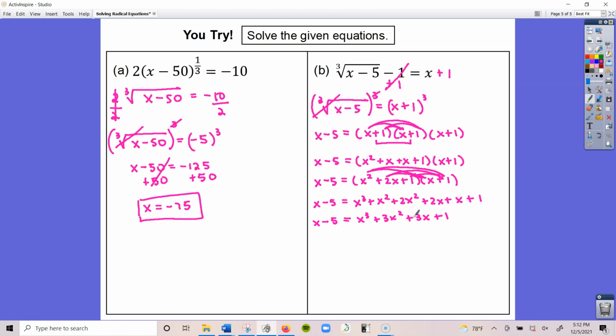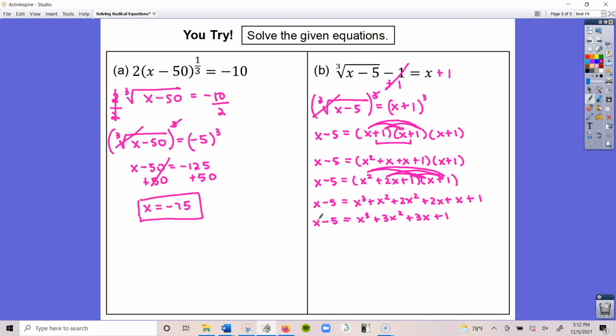Now we see here that this is a cubic function because my highest exponent is to the third. Now we can actually factor this just like we factor a quadratic. However, we still have to make the equation equal to 0 before I can factor. And that goes with any type of equation. You always need to make it equal to 0 before you start factoring.